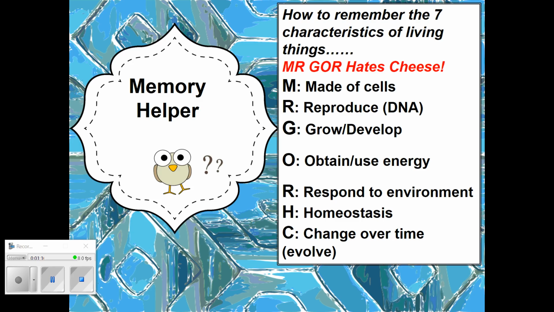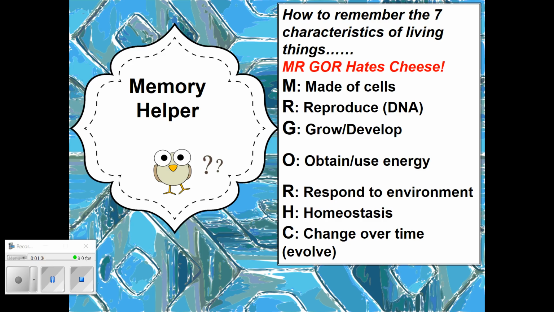So we have a mnemonic device that is going to help you remember the 7 characteristics of living things. And that device is Mr. Gore hates cheese. The M represents made of cells. R, reproduce, or passing on your DNA. G, grow and develop.